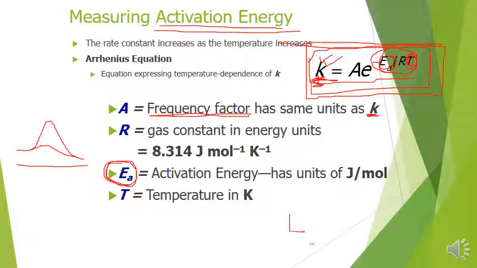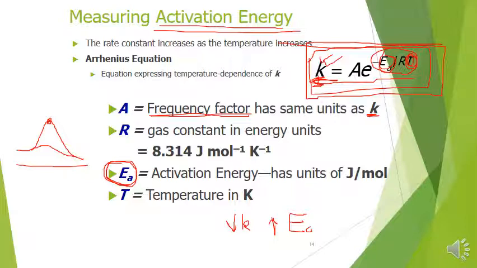So the relationship between k and Ea in the formula is that if you increase Ea, the rate constant will go down. And that kind of makes sense: a higher Ea slows the reaction.